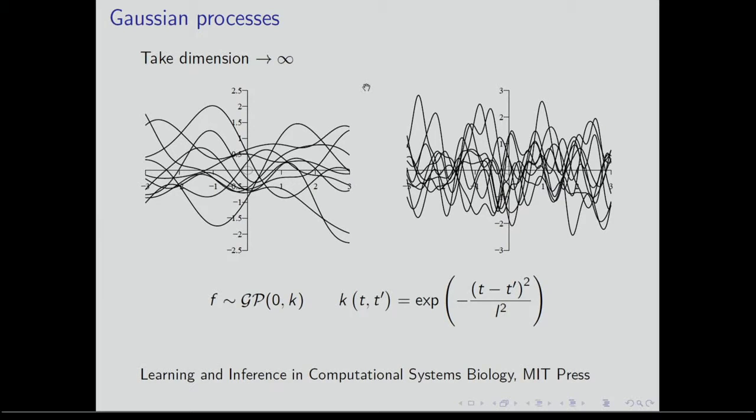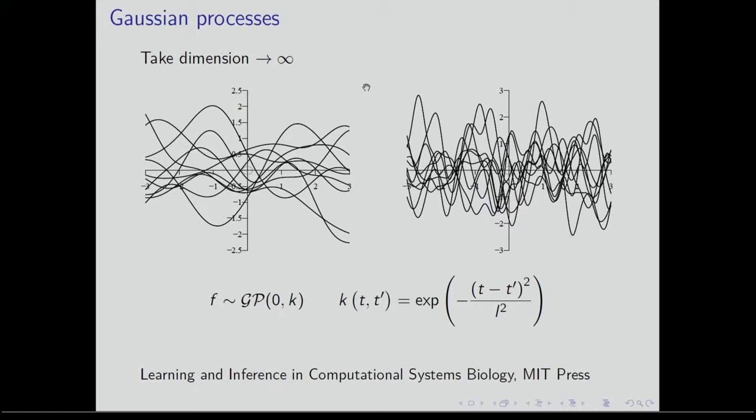So you no longer have a Gaussian distribution over 25 points. You have a distribution over these infinite dimensional vectors or functions. And the way I've generated these curves in the computer is by generating Gaussian vectors which just have so many points that you can't make them out anymore. So these are just 1,000 points instead of 25.